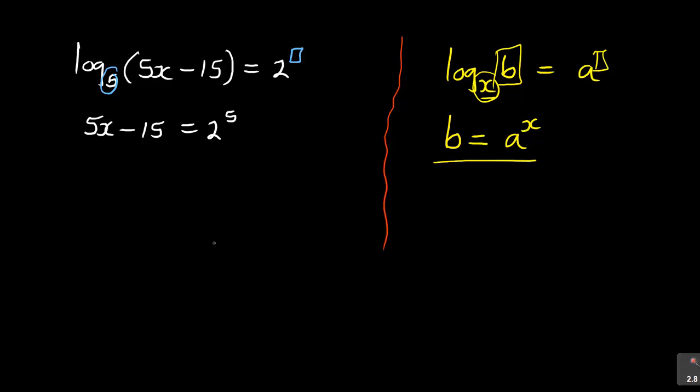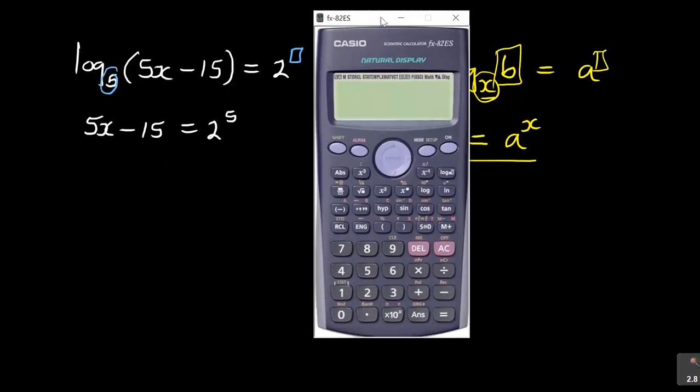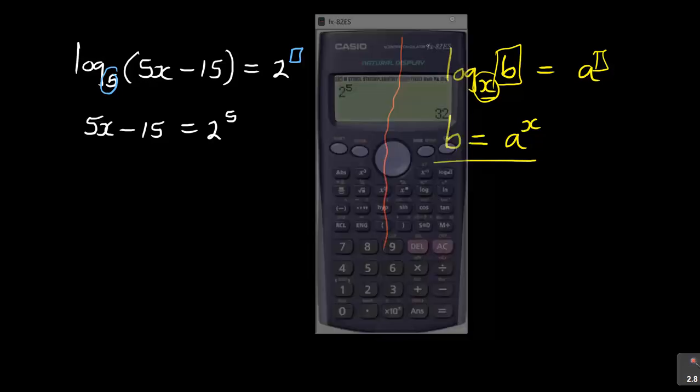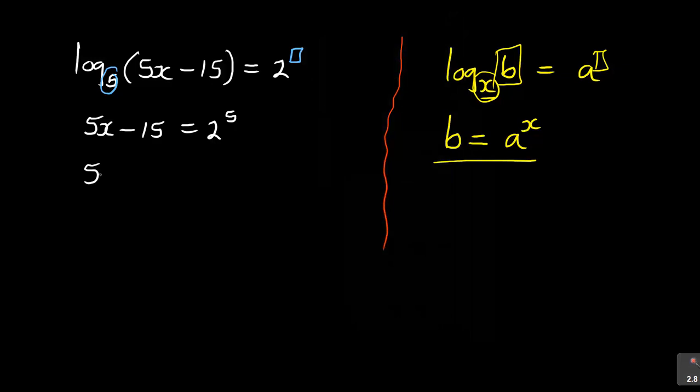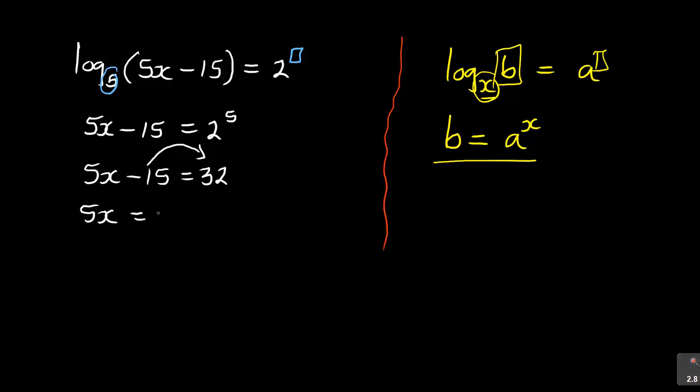I think that I need to find what is 2 to the power of 5. Now 2 to the power of 5 is equal to 32. So I've got 5x minus 15 is equal to 32. Now take 15 to join the other number 32. Now 15 is negative, it becomes positive 15.